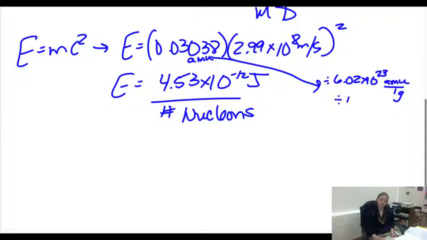Then I again have to divide by 1,000 because that's how many grams are in 1 kilogram. I need to really be in kilograms to deal with joules. Kilograms times a meter per second squared is a joule. So that's my bad there. You've got to add that part in there as well to change your masses.